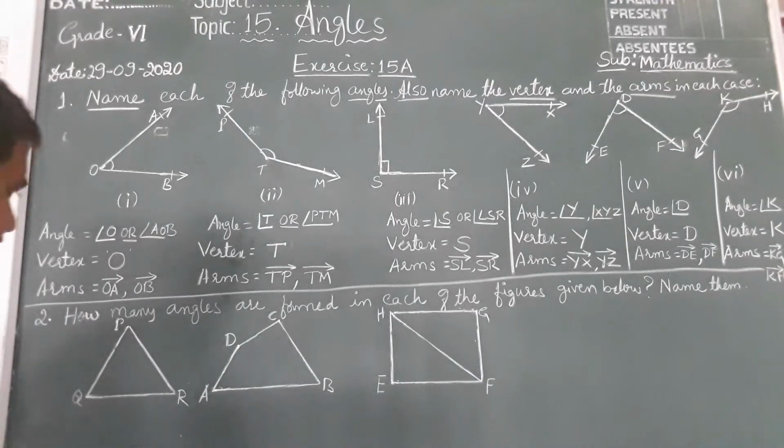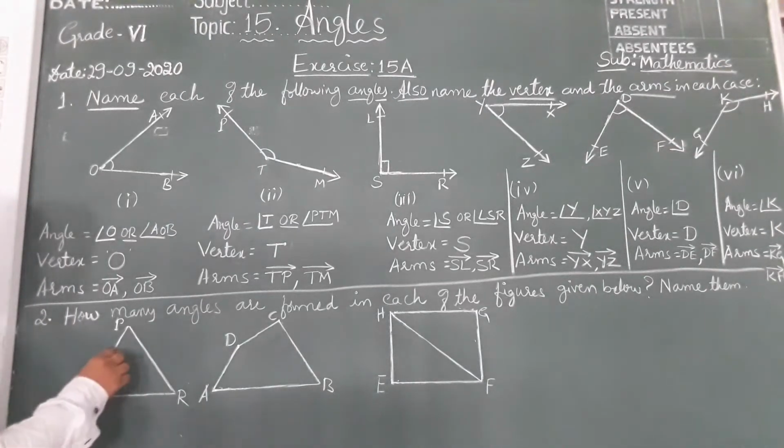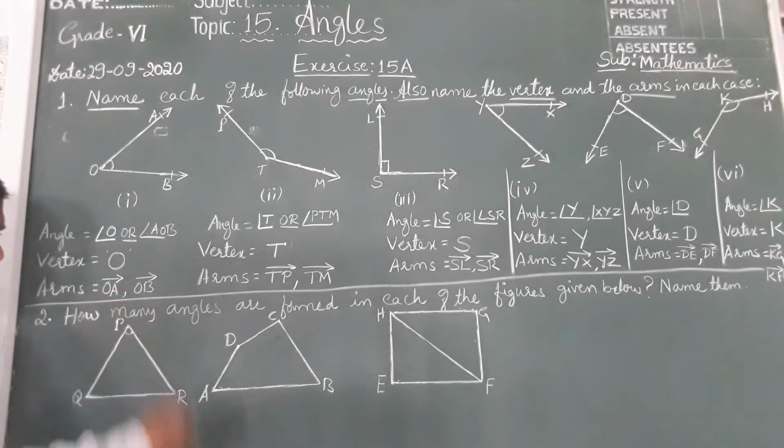Look at the first triangle. Angle P is there here, angle Q is formed here, and R. In total, 3 angles are there, children, and we can name them.